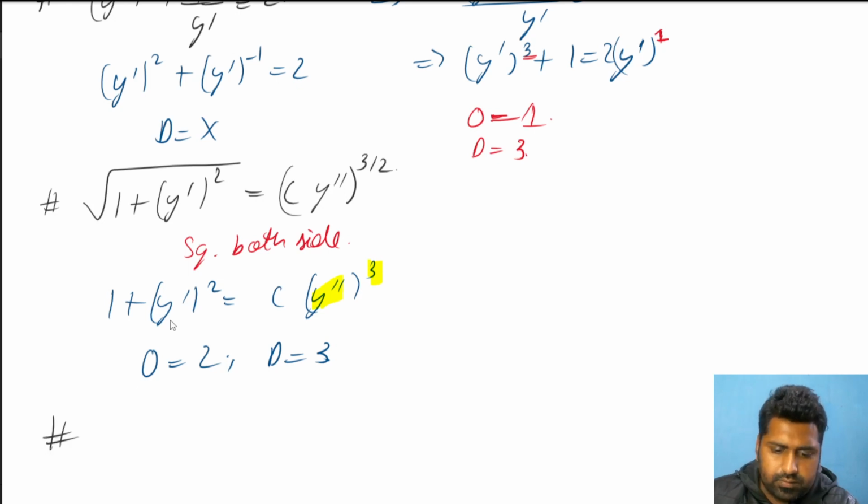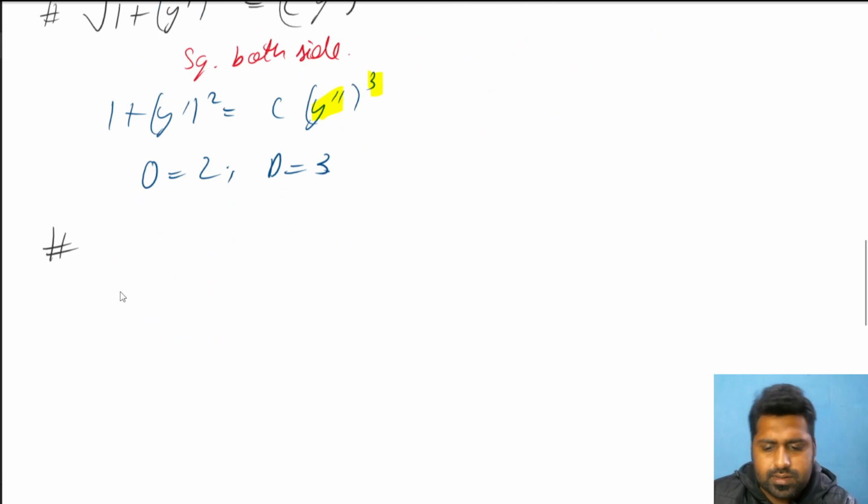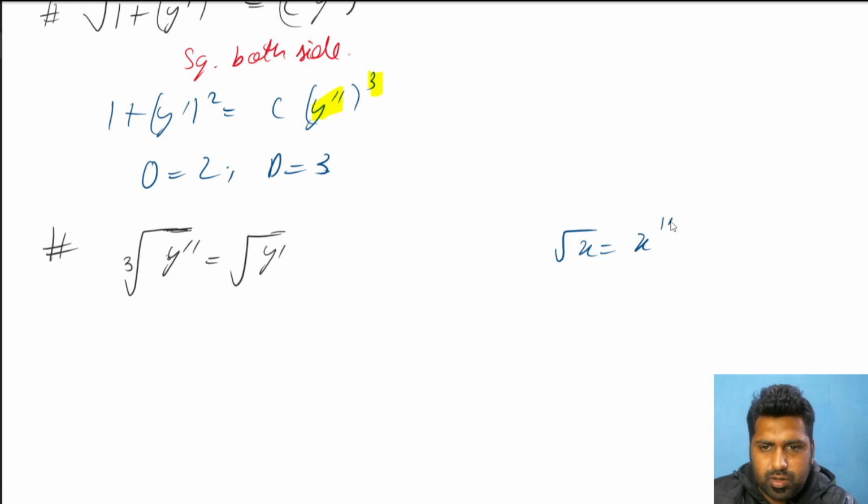Next, I'll take a few, like 3-4 more examples like this, so you get comfortable with this. This one: cube root of y double dash is equal to square root of y dash. Again, coming back to the fundamentals, square root of x means x raised to power 1 by 2.